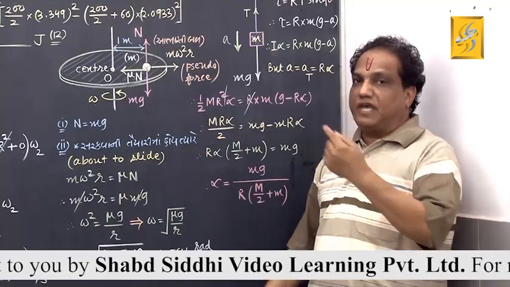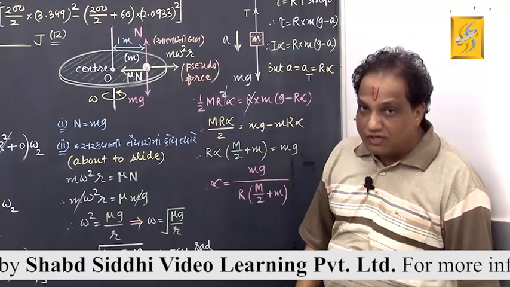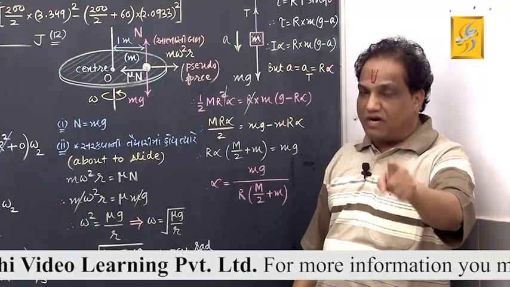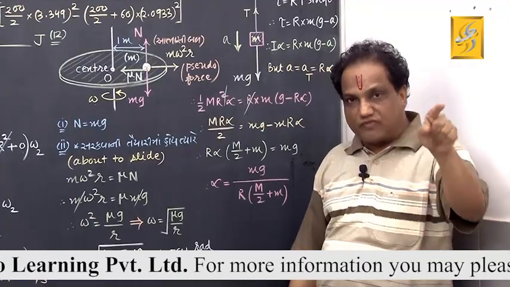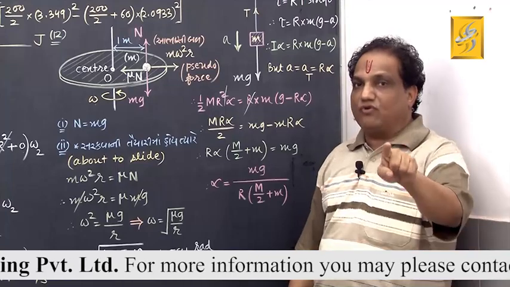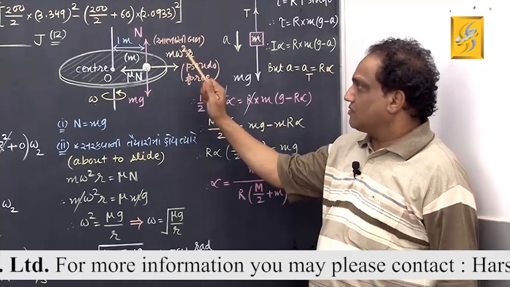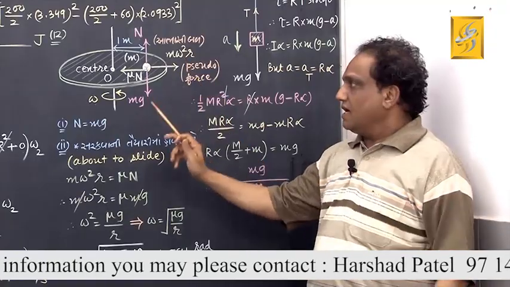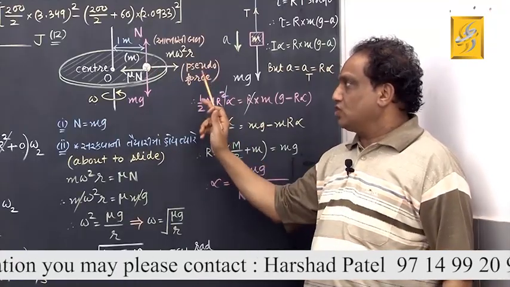Now, the acceleration for uniform circular motion, you must be knowing, is radial acceleration. It has three formulas: omega into v, omega square r, and v square upon r, out of which I am using omega square r. Mass into radial acceleration would give you force. Right now it is away from the center, it is pseudo force.